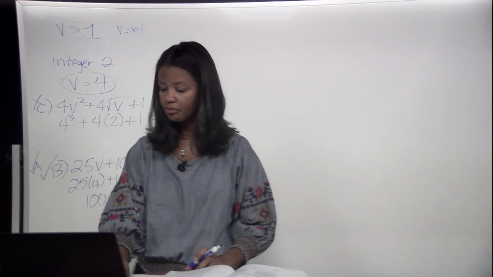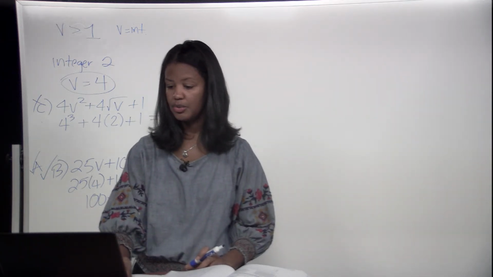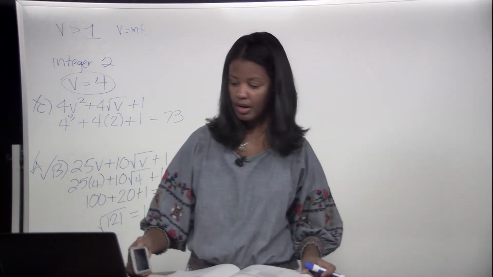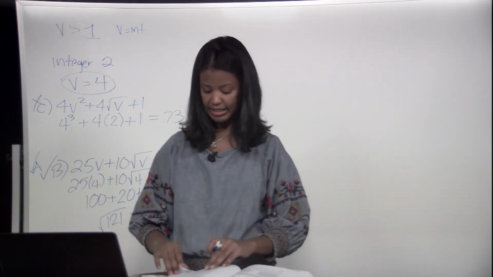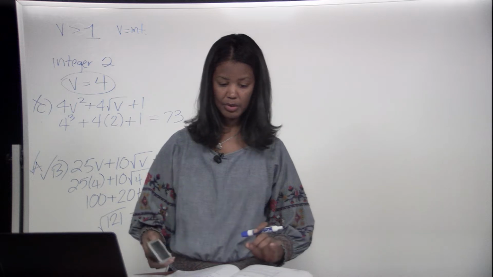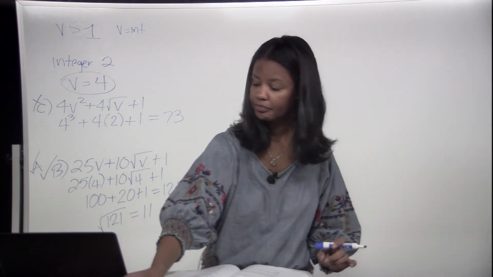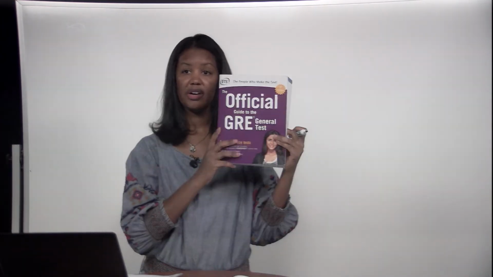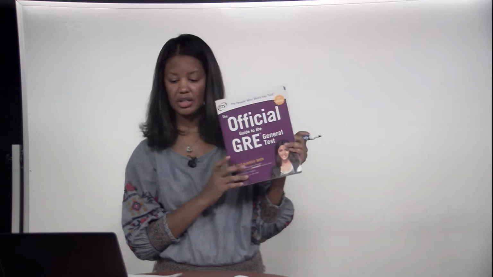Okay? All right, we're going to move on now to a different type of question. This one's numeric entry. We are on page 368, looking at problem number 24. Once again, I just want to let you know that we are using the official GRE study guidebook, 3rd edition.